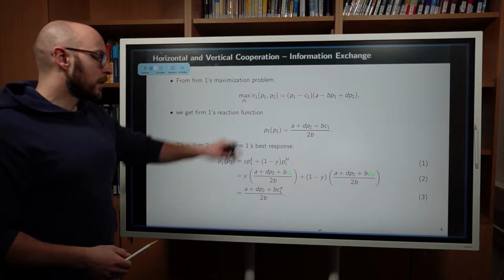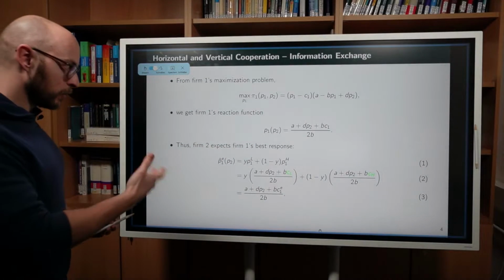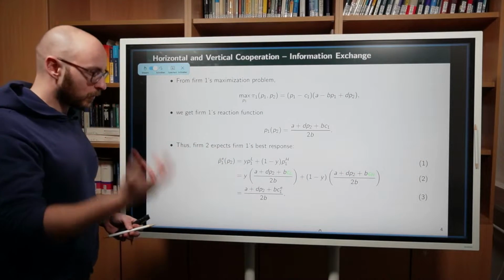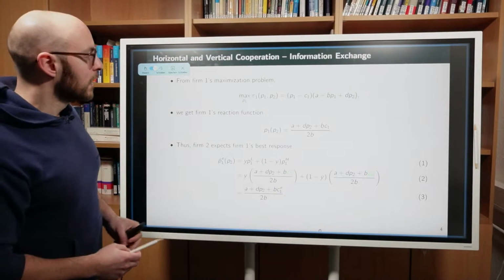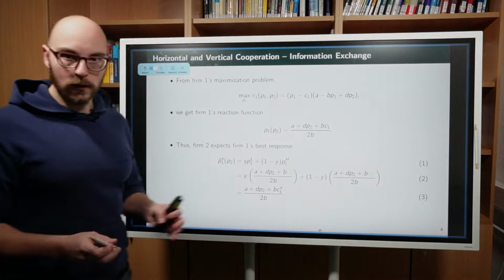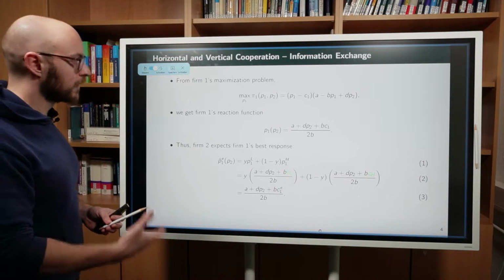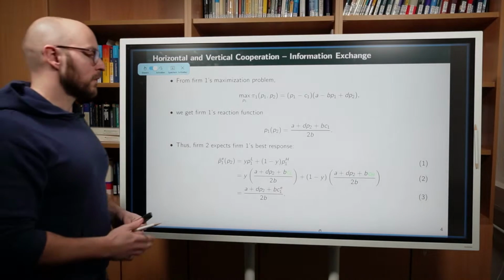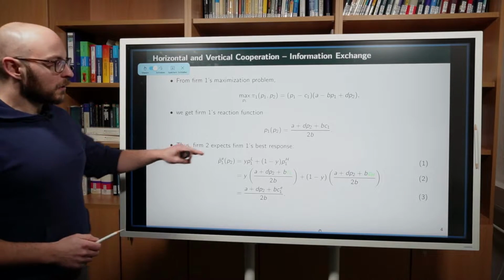Then we rearrange the FOC to get the price of firm 1 as a function of the price of firm 2, so our best response function, and here we don't have any uncertainty because firm 1 knows its marginal cost, and therefore there's no uncertainty here. However, firm 2 doesn't know C1.